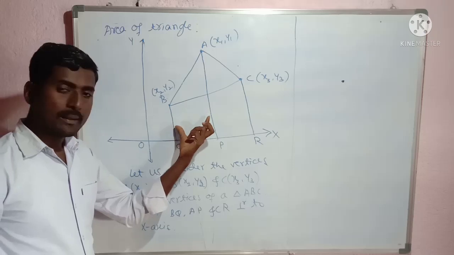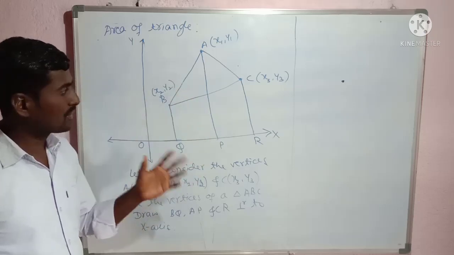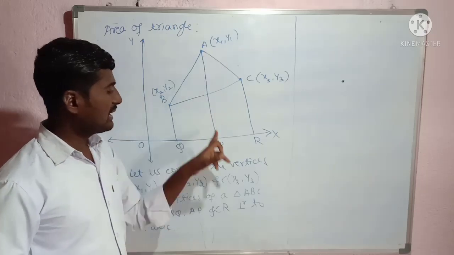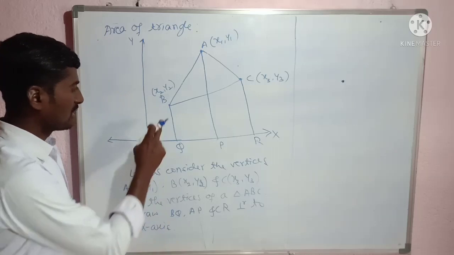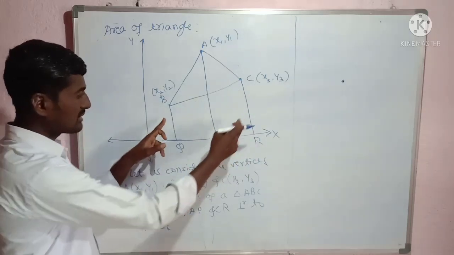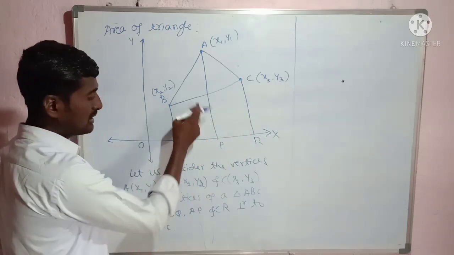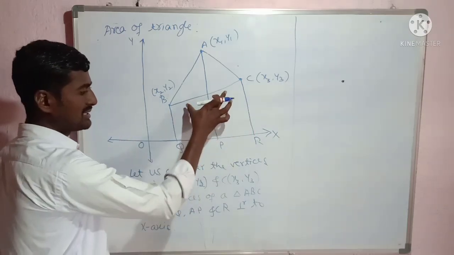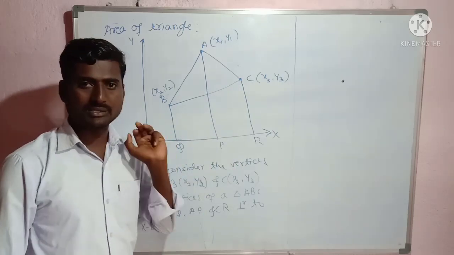So parallel sides are there, non-parallel sides are there, it must be a trapezium. And one more, APRC, it is also a trapezium. And one more, BQRC, it is also a trapezium because BQ and CR are parallel to each other, and these two are not parallel because BC is not parallel to QR. Okay, we got 3 trapeziums.